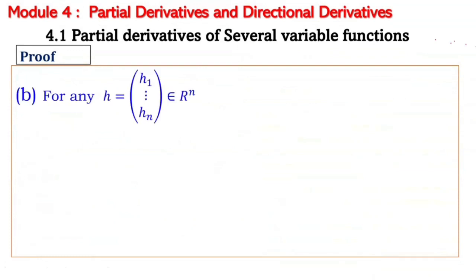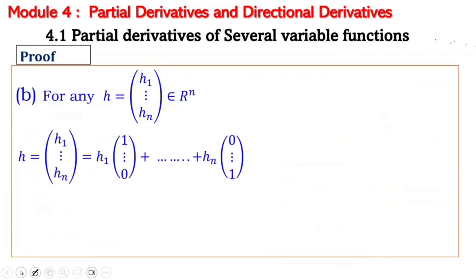For part b, for any h belonging to Rn, we have h equal to h1 to hn. So this is h1 times (1, 0, ..., 0) and then hn times (0, ..., 0, 1). Therefore, this one is actually e1, and this is en.